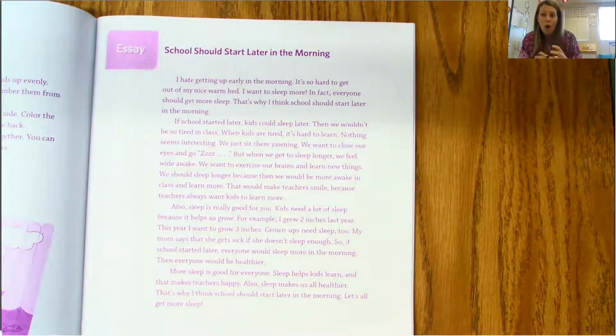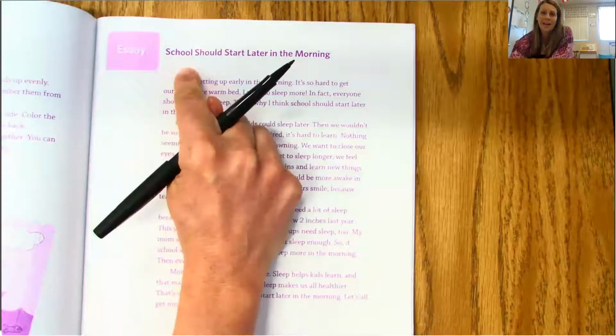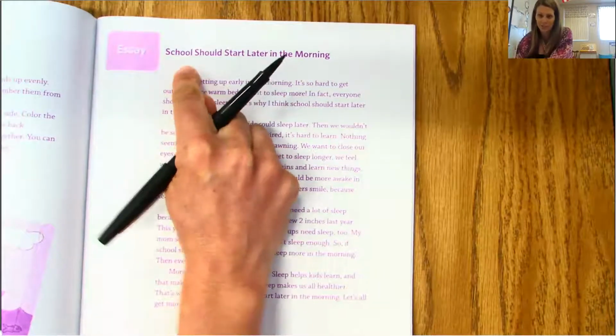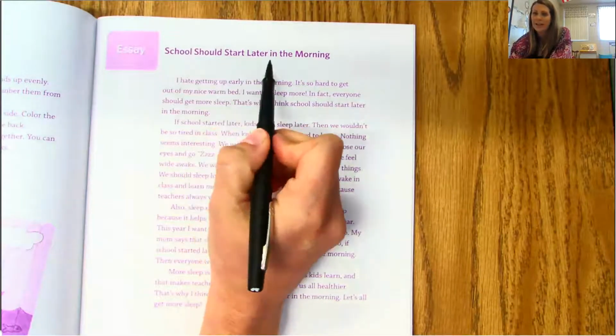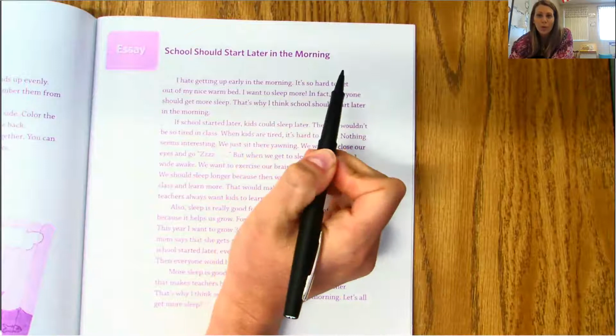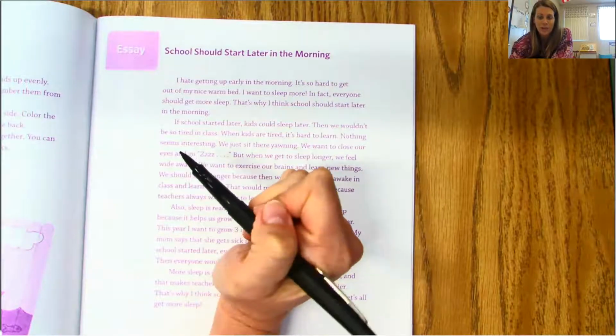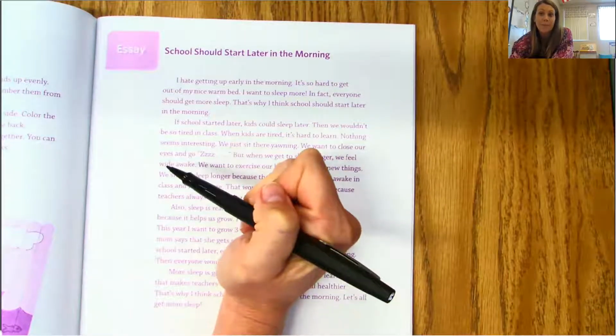You're going to kind of watch how I model it, and then the next week, I will send you off, and Mrs. Peters will help you write more on your own, okay? So let's start by looking at the title of this passage. School should start later in the morning. So what we're going to work on for the next few weeks, friends, is something called opinion writing.